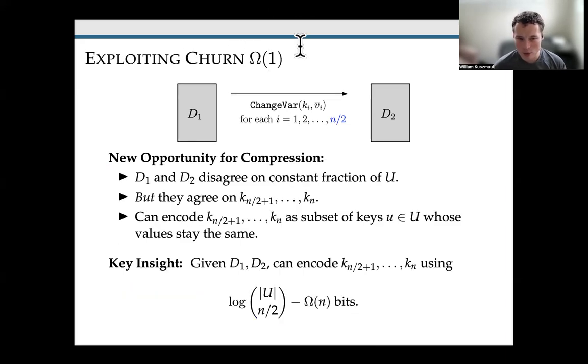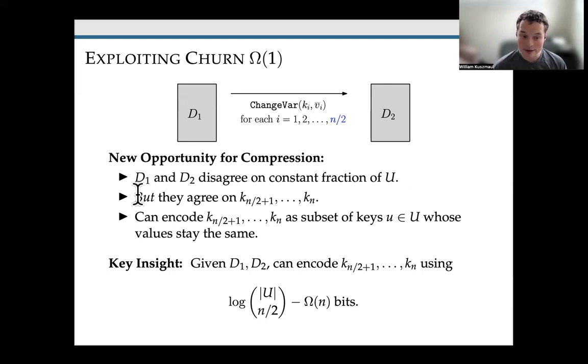Okay, so how can we exploit the fact that our churn is omega of 1? Again, in this cheating setting where we're only assuming that we edit half of the values from D1 to D2. Well, now we have a new opportunity for compression. Because the data structures D1 and D2, what it means for them to have omega 1 churn is that they disagree on the values that they return for a constant fraction of the universe.